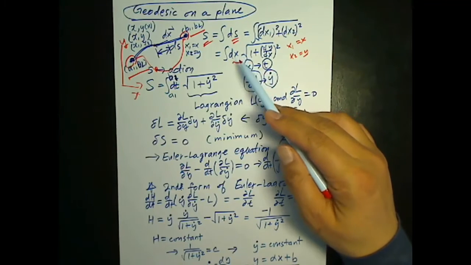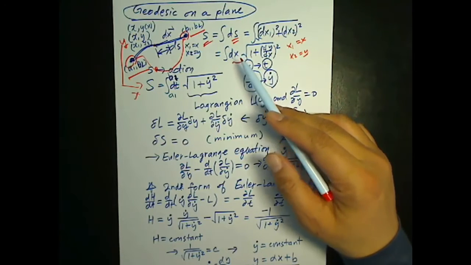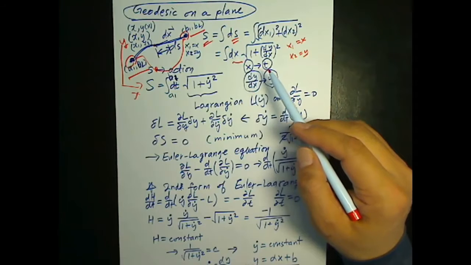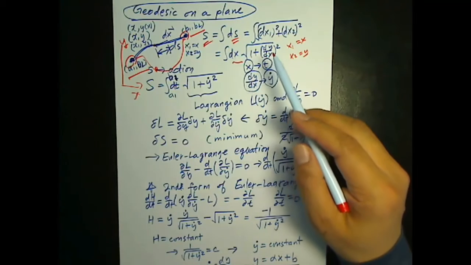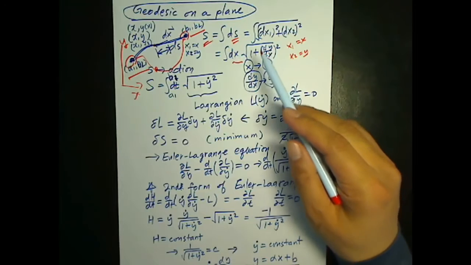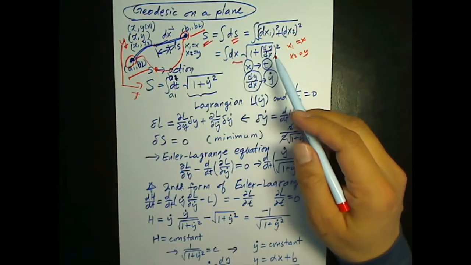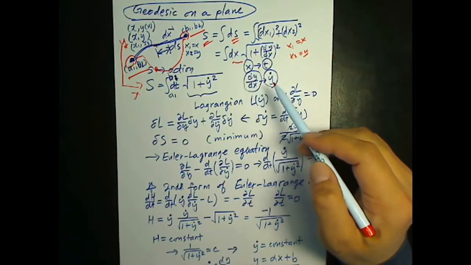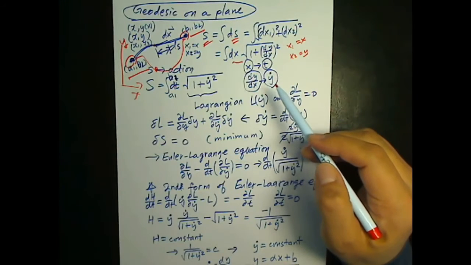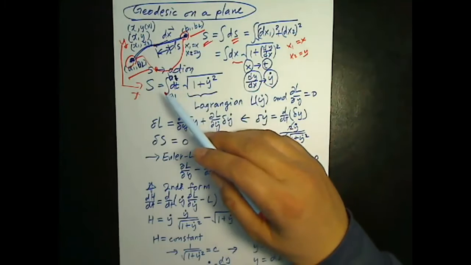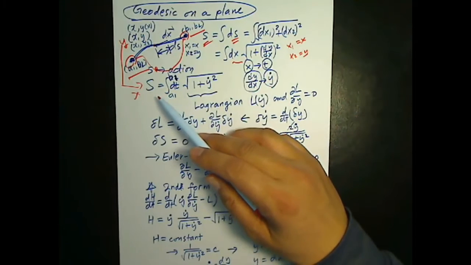So let me replace this dummy variable that is integrated out. x is to be replaced for the time being by t. Then dy over dx, this derivative with respect to x, means with respect to t, so y dot.